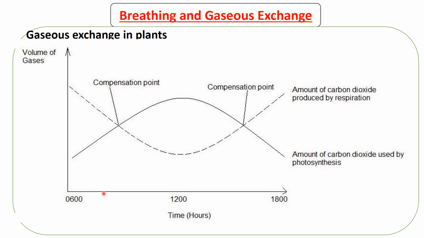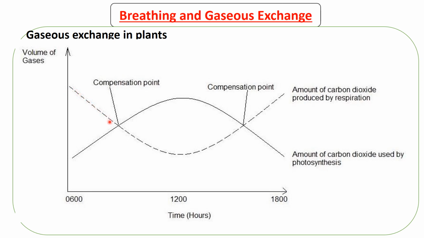As the day progresses, the amount of photosynthesis increases as the daylight increases, or as the amount of light during the day increases. So the rate of photosynthesis increases, the amount of carbon dioxide that is being used increases, and because of this increase, part of the carbon dioxide that has been produced by respiration is going to be used up, so it's going to be decreasing.